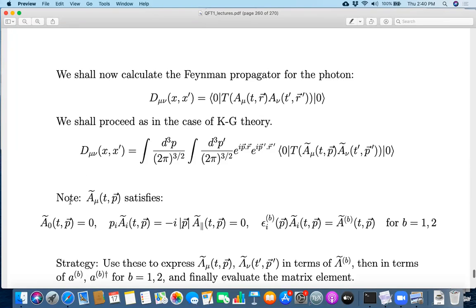So by A tilde mu, I basically mean that A tilde 0 is 0, and pi A tilde I is 0, because that's the A tilde parallel part. The only thing that is a genuine quantum field is epsilon I b times A tilde I, which is what we had called A tilde b. These can be expressed in terms of the creation and annihilation operators a_b and a_b dagger.